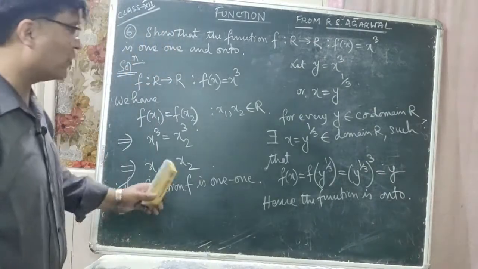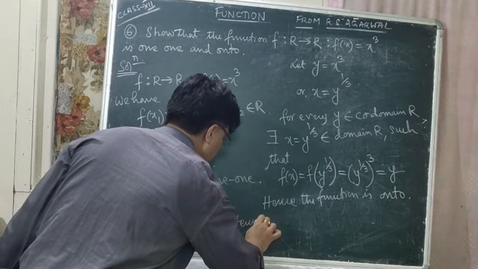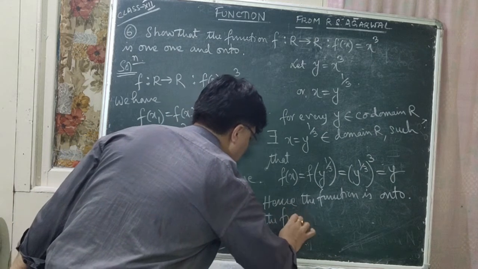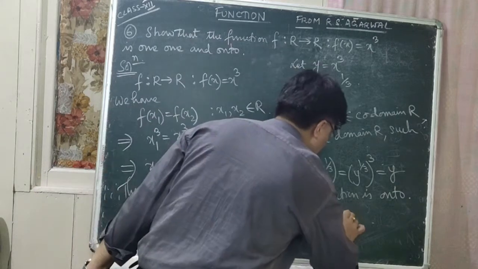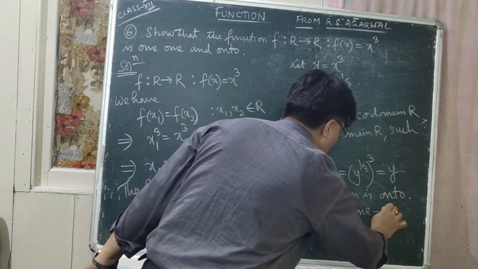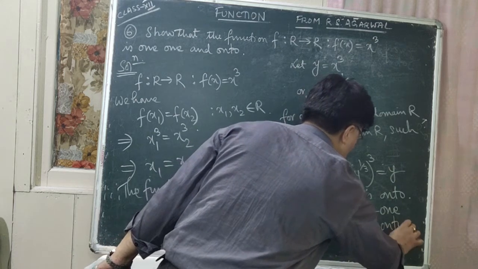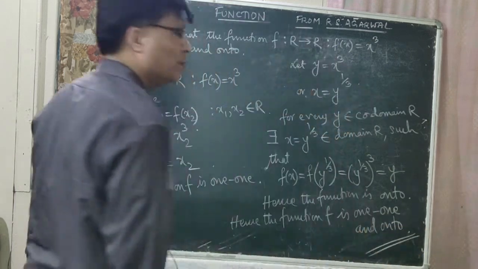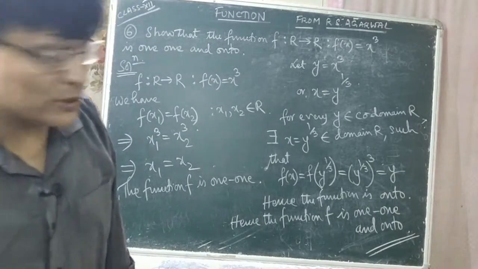Therefore the function f is 1-1 and onto. So we have proved it. I think you have understood it. You can copy it. Now we'll do the next question.